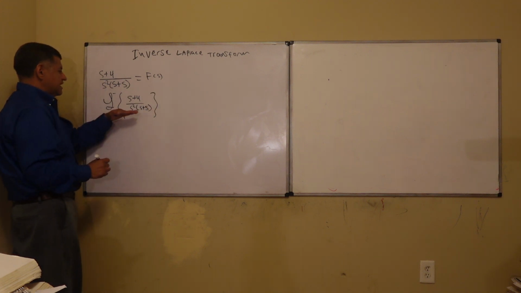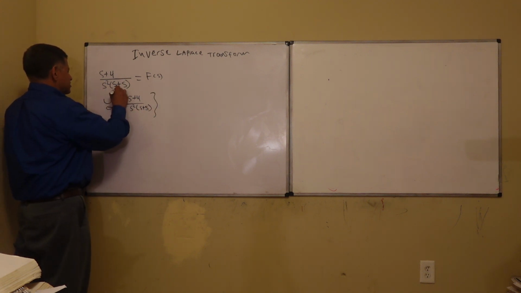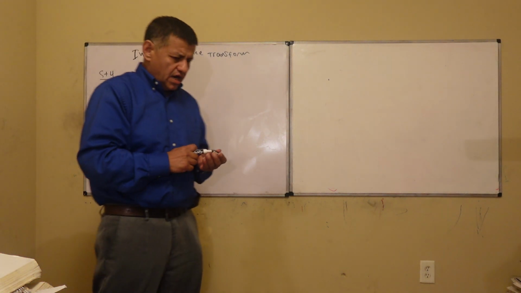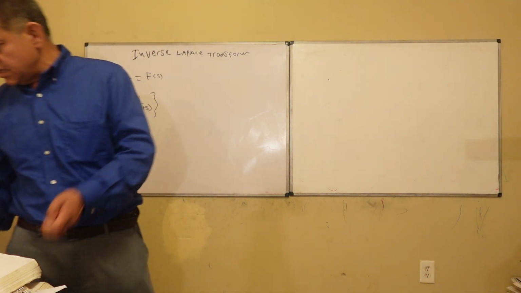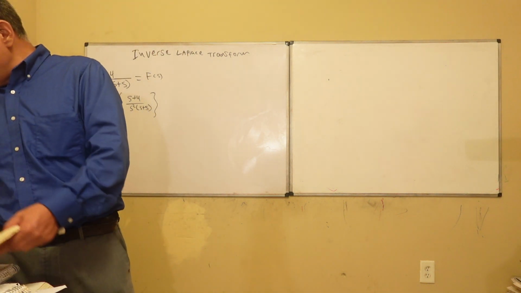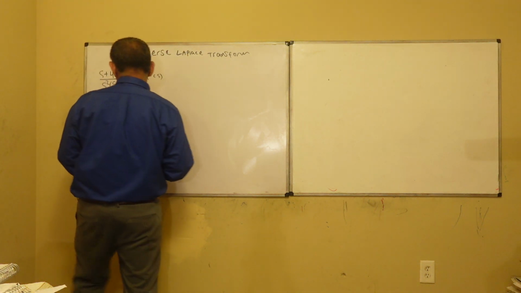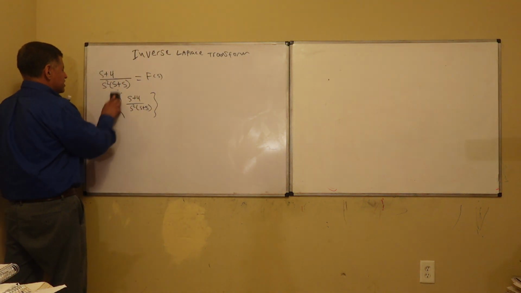This is the Laplace, and we're trying to find the inverse, right? So the question is, there are a few methods that we can actually use, but we will just focus on one.